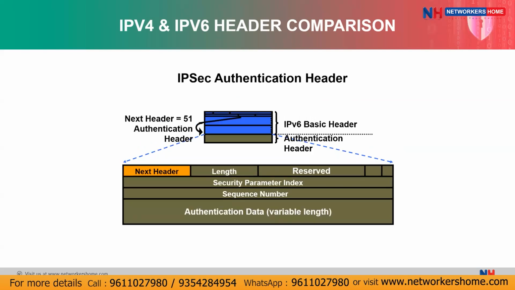Next is the IPsec authentication header. With the IPv6 basic header, and in IP version 4, the next header value is 51, followed by the IPv6 header and the authentication header.